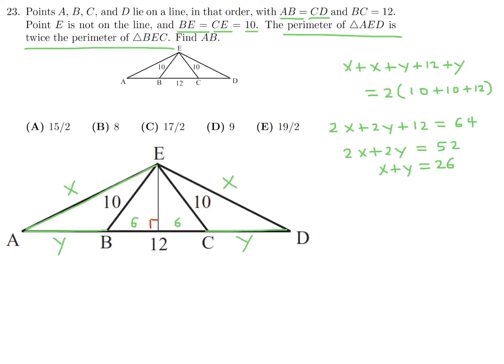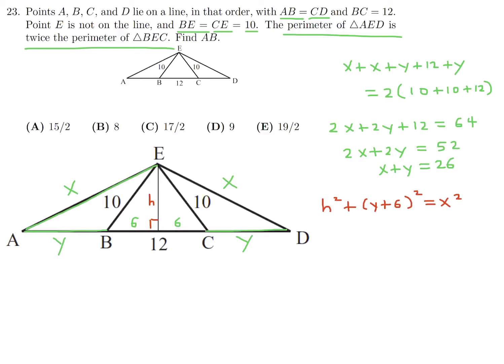So what do we have here? We have this h, which I need to label, squared plus y plus 6 squared is equal to x squared, correct? And this h, we can quickly figure out.